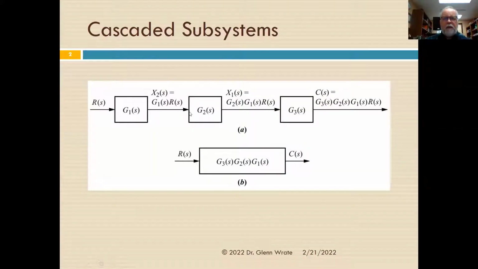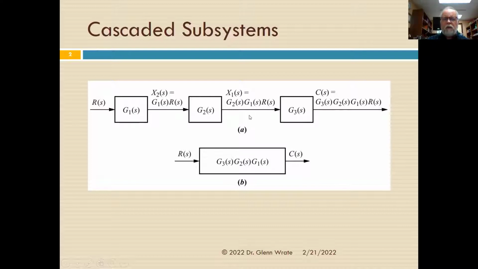Here, again, if we had three resistors in series, they would just add up. But when we have a block diagram and we have three blocks in series or cascaded, you multiply them together. And so the output C(s) is going to be the product of these three transfer functions times the input.